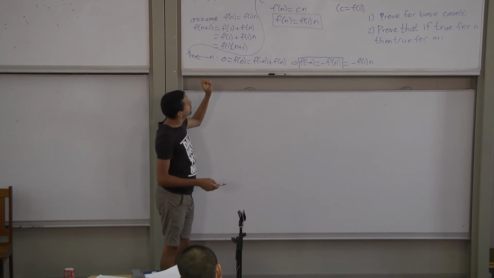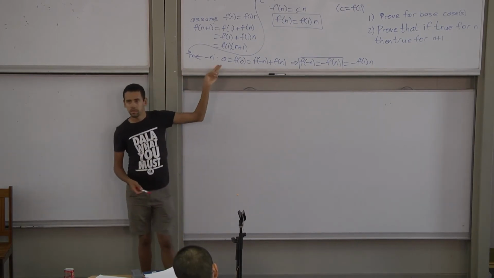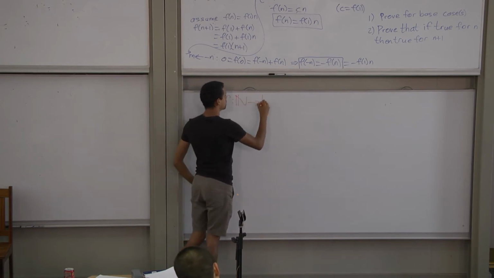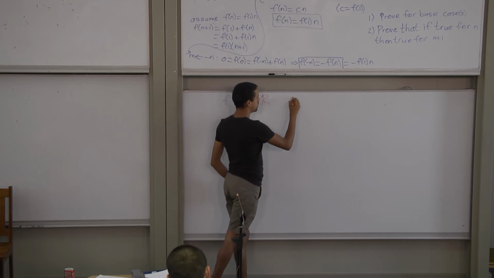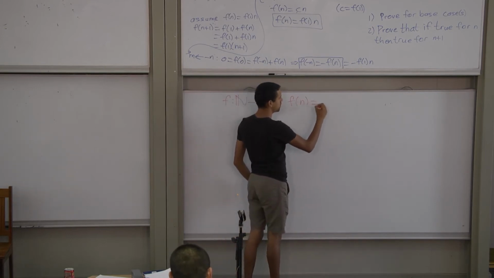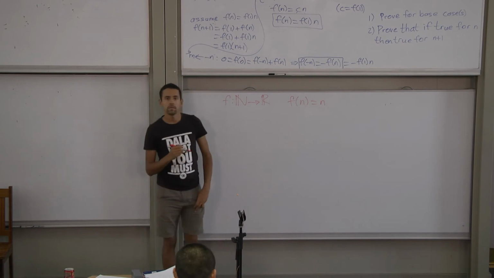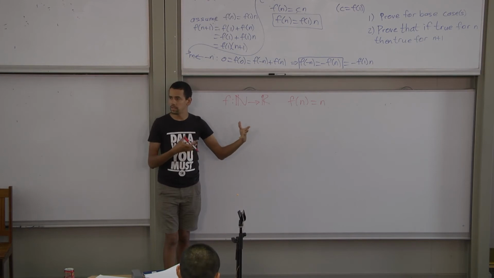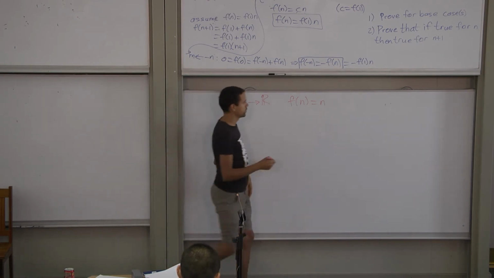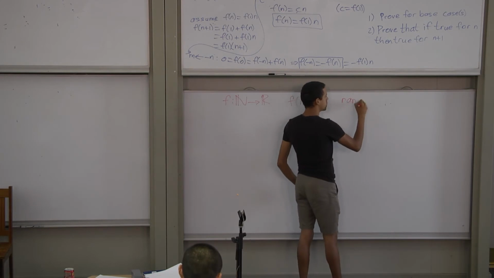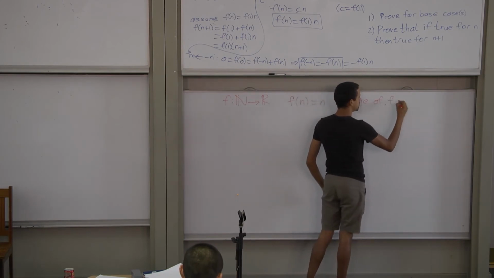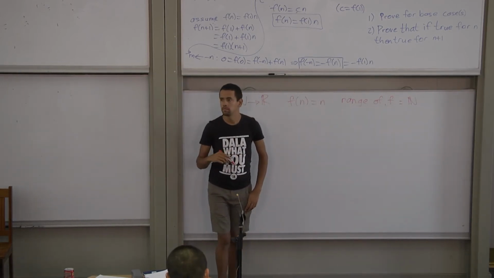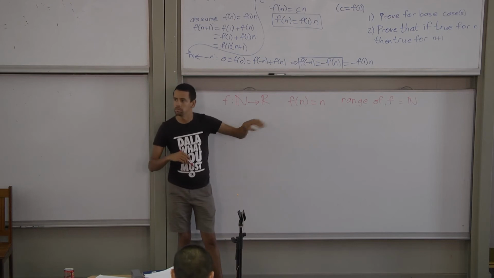So, for example, you could have a function from the natural numbers to the real numbers, where f of n, your natural number, is just n. Here, your codomain is the real numbers, but your range is all the values that the function actually takes. In this case, the range of f is the natural numbers inside the real numbers.